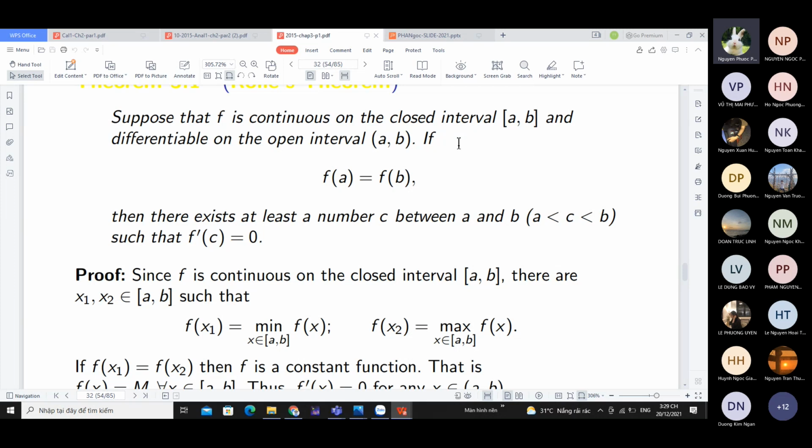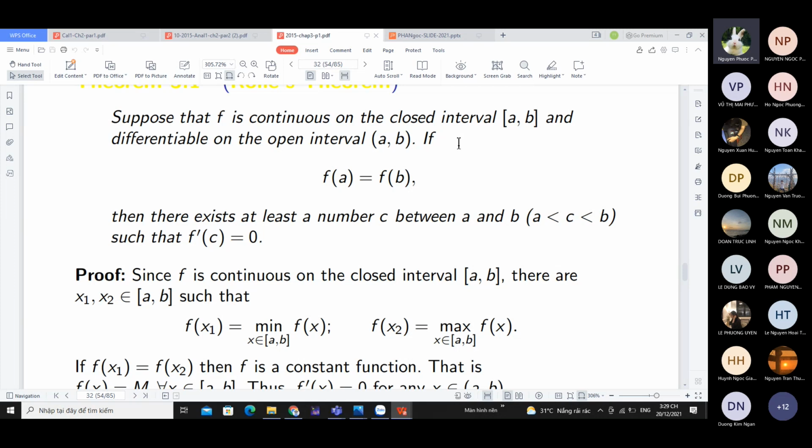Moreover, f is differentiable on the open interval AB, but forget it, we use it later. The important thing here is that f(A) equals f(B). Now we try to use this assumption.